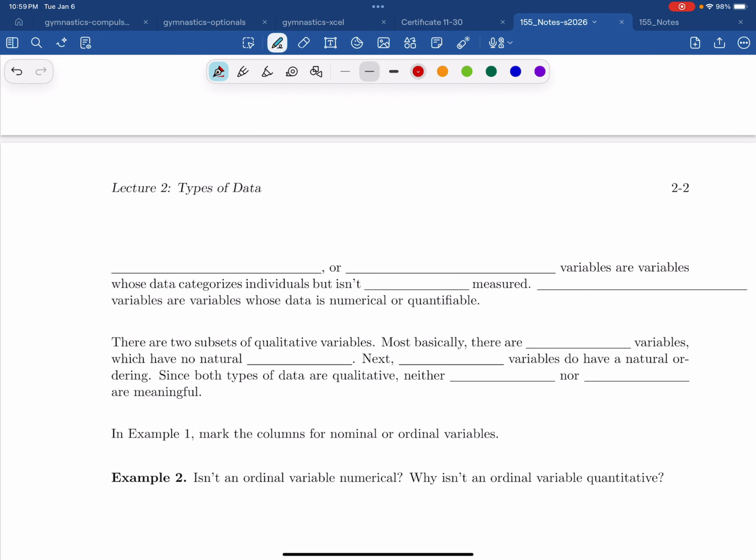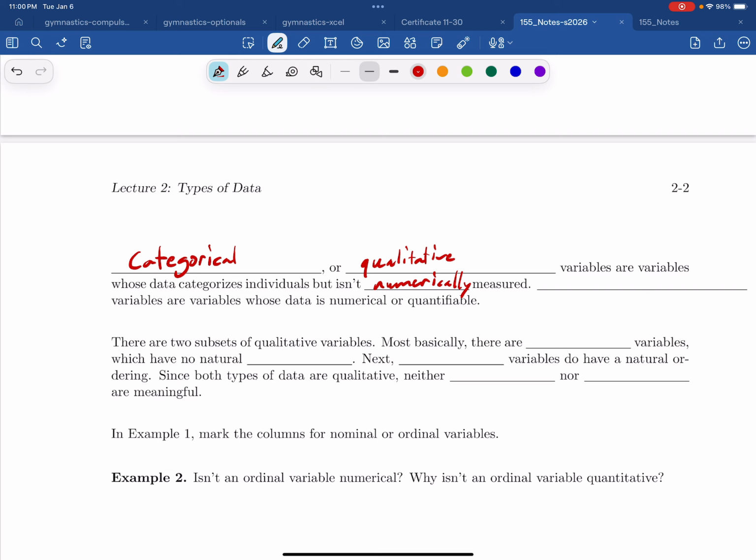Now, categorical or qualitative variables, I should say, are variables whose data categorizes individuals but isn't numerically measured, right?